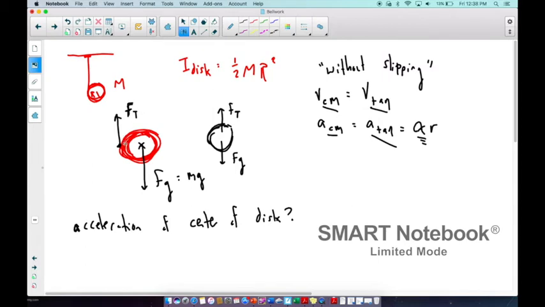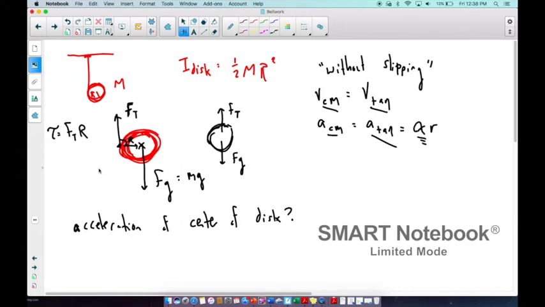I know that it is causing a torque. I know if I were to draw an r vector right there, from the point of application of the force to the axis of rotation, those are 90 degrees away from each other. So I can say that the torque is just equal to force of tension times R, right?